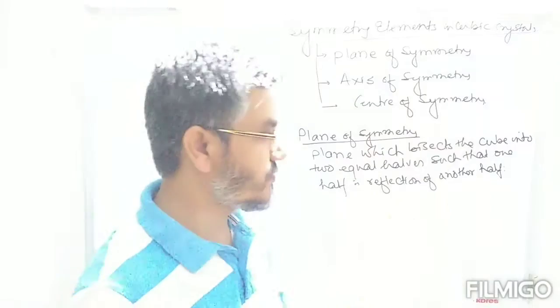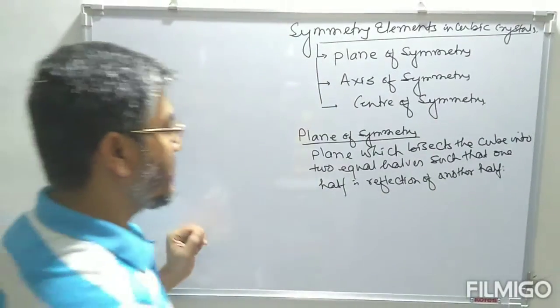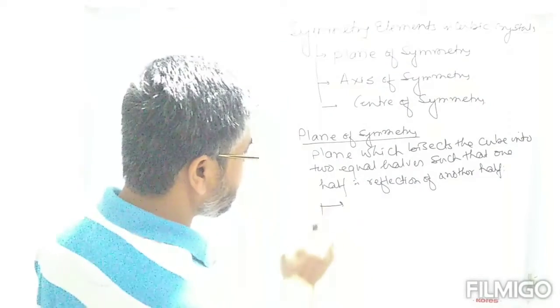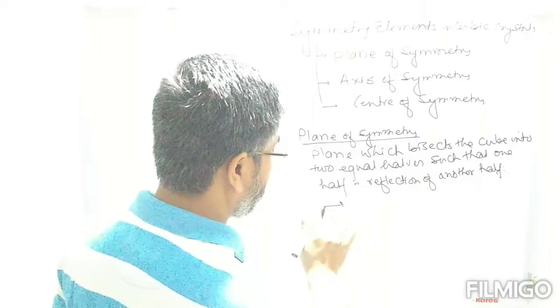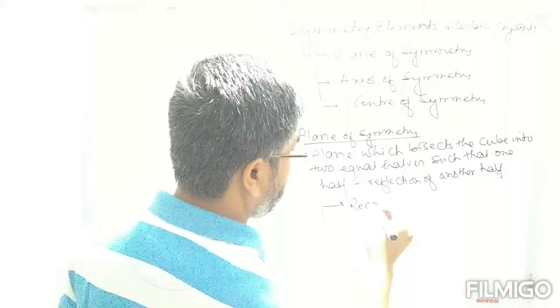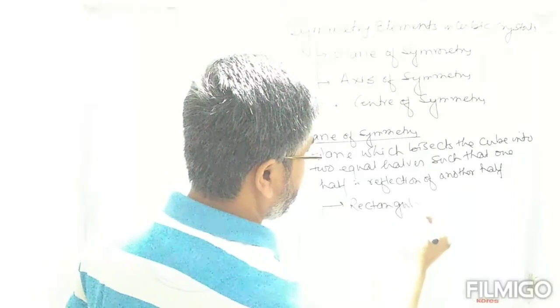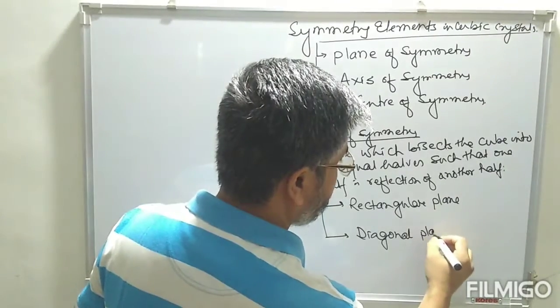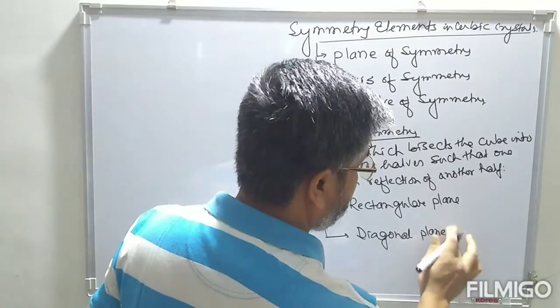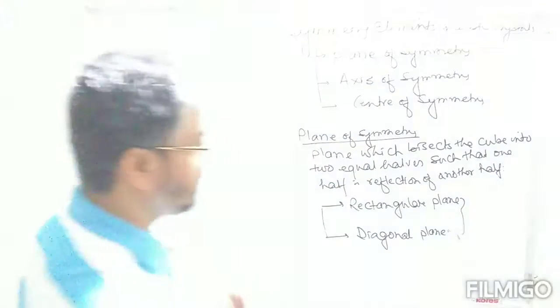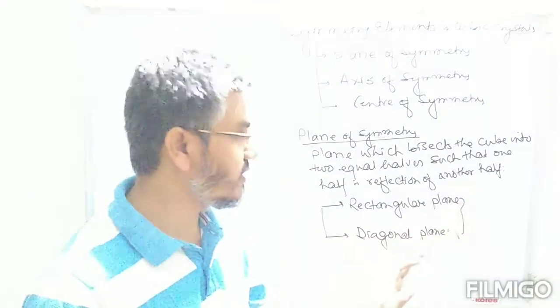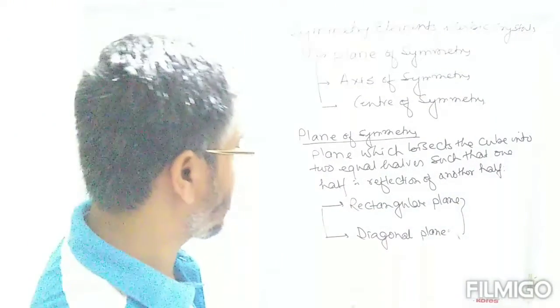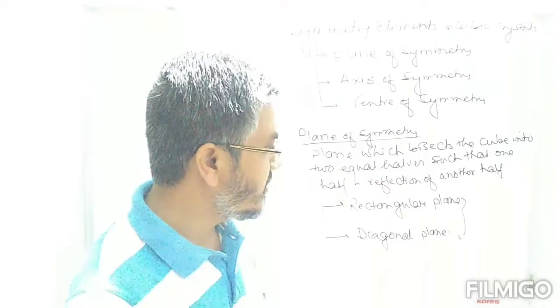Then this is what we call as plane of symmetry. Now in this plane of symmetry again we have two types of planes: rectangular plane of symmetry and diagonal plane of symmetry. So let's take a rectangular as well as diagonal plane.